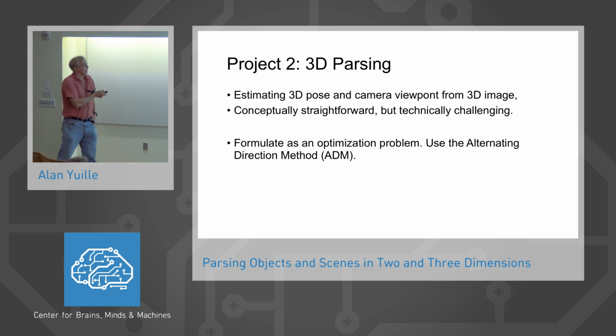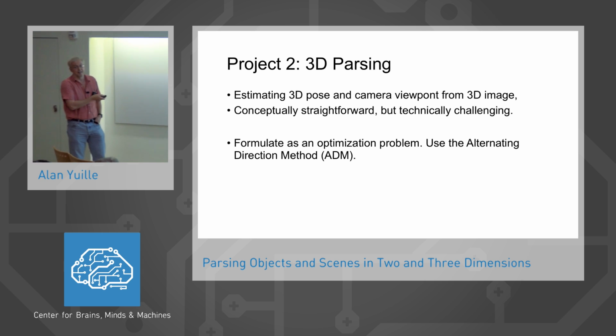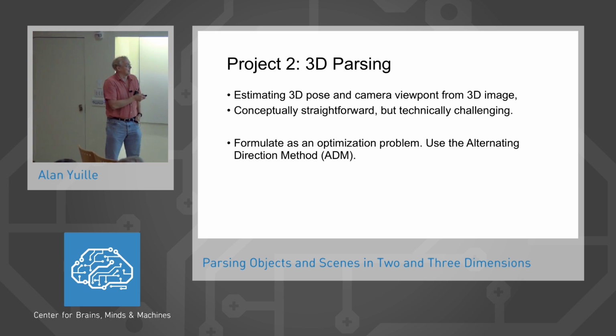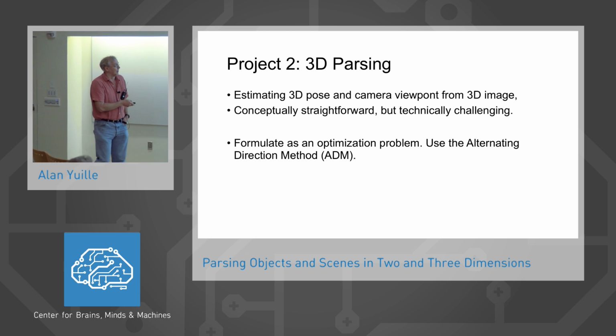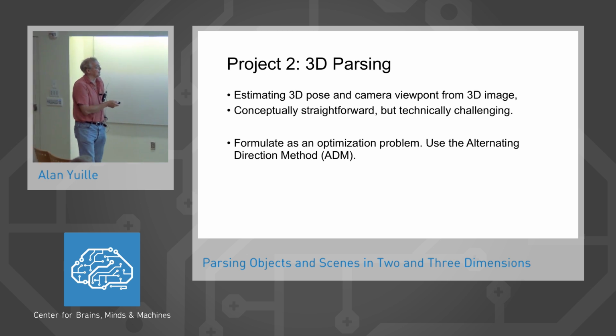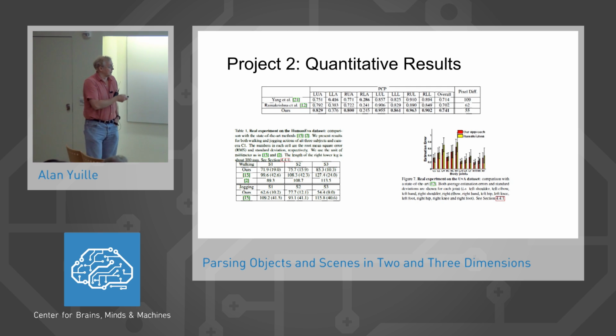You've got the image, and you need to search over 3D poses and camera viewpoints. So it's conceptually straightforward, technically challenging. You formulate an optimization problem and use various algorithms to solve it, which they seem to solve reasonably well. Okay, so there are qualitative results, and you can compare the performance to other methods.